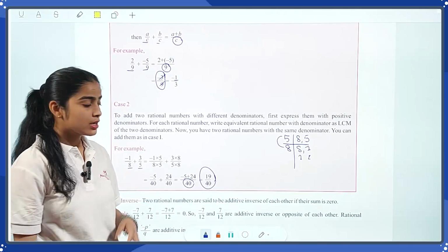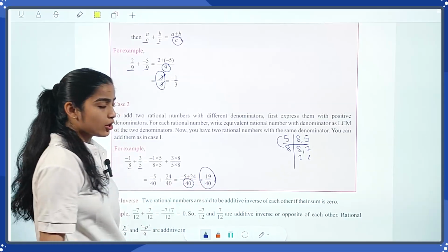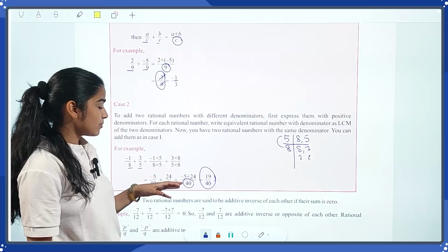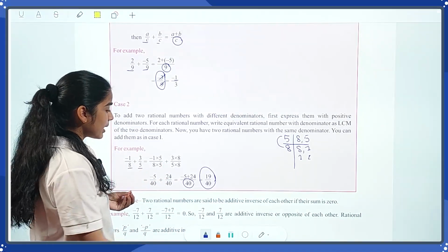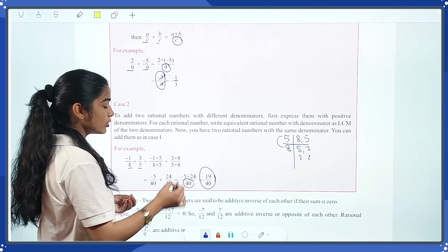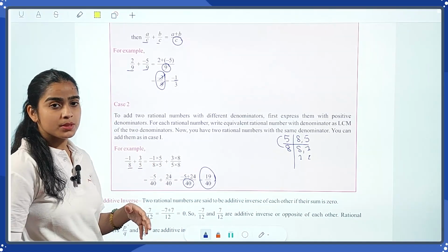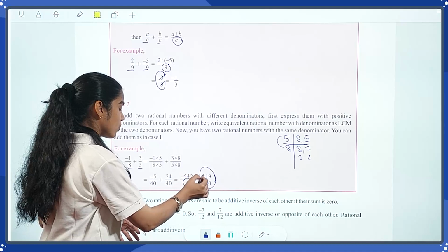Now the question is, okay ma'am, why are you not mentioning the minus sign here? Because while we do subtraction in rational numbers and integers as well, we have to keep in mind that the sign is taken from the bigger number. As compared to minus 5 and 24, 24 is bigger than 5, so we take the plus sign there.